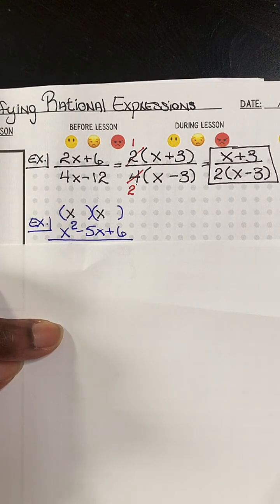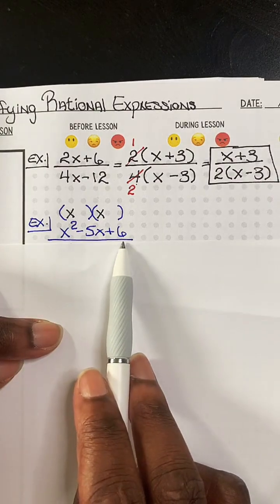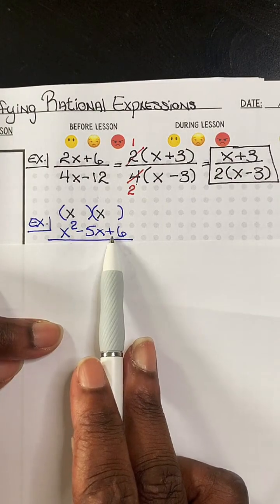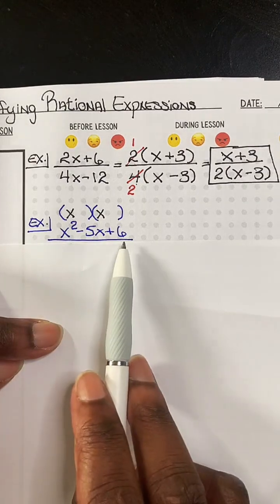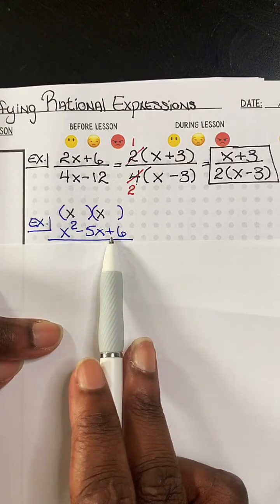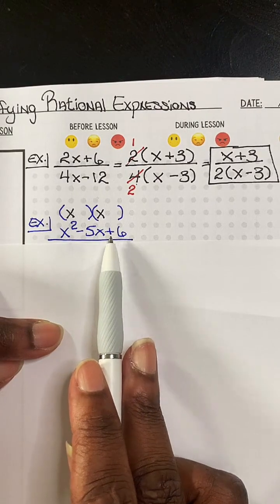So if I do a negative times a positive, guys, that will give me a negative. And we're not looking for a negative. We're looking for a positive.